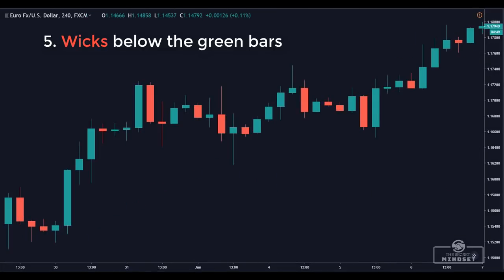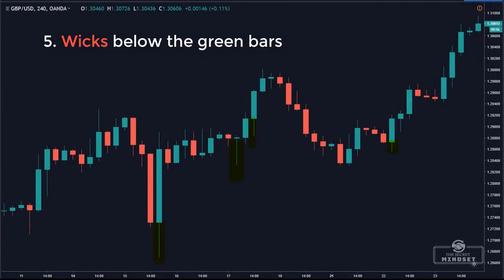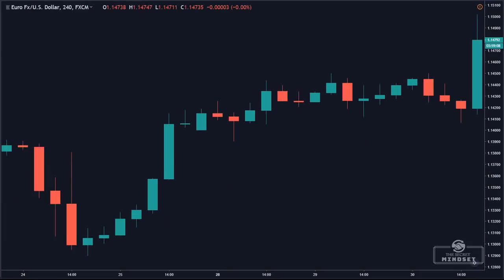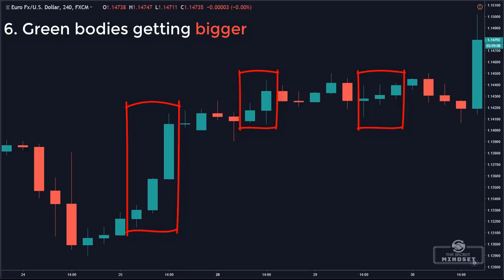We will also see a lot of wicks below the green bars. This also represents a good signal that the bulls are in control of the market and are trying to push the prices upwards. When we see the green bodies getting bigger, this also signals a clear bullish momentum.